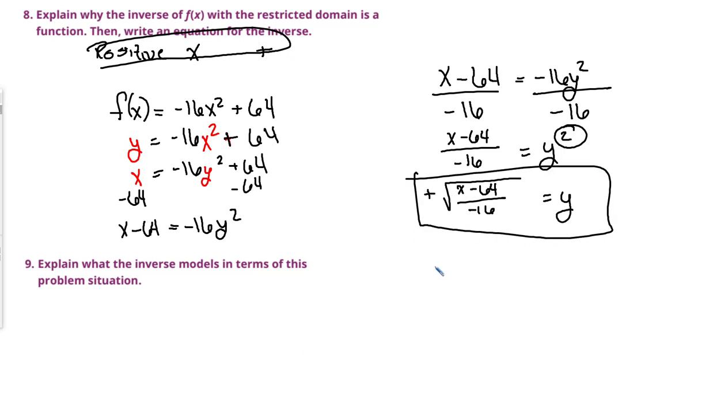So this becomes our new function. It's the inverse function of x. And you put this little negative 1 here to show this inverse function. The square root of x minus 64 divided by negative 16. And so this models an inverse based upon the problem situation because we have that restricted domain.